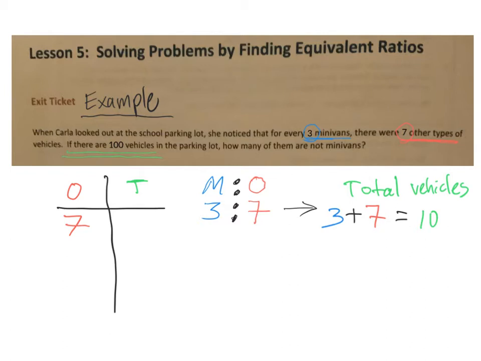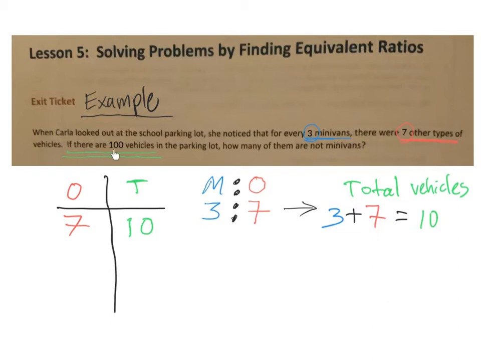Then we have to put the total number of vehicles in, and that is 10. And just to remind you, we got that number by adding the amount of minivans and the amount of other vehicles in the parking lot. We added those two amounts together here, and we got 10 total vehicles. So this is correct, and we know it is because we were given that information up here. They provided us with that.